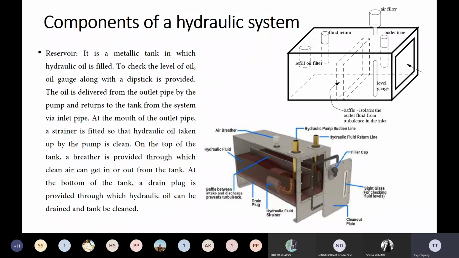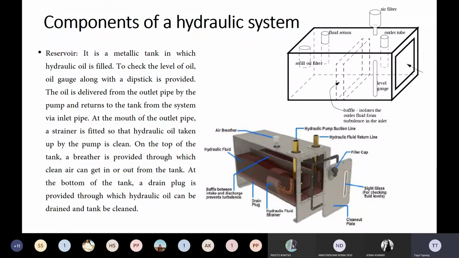In hydraulic system, the main working component is hydraulic fluid. Like in our human body, we have blood, which is our main working fluid. Similarly, in hydraulic system, hydraulic fluid is the primary working component.